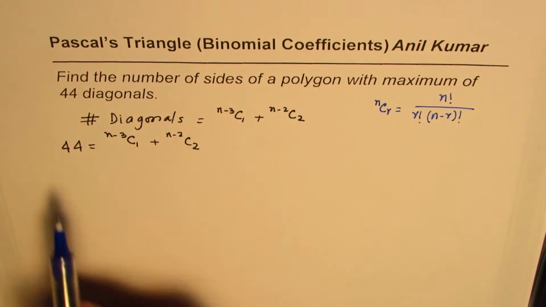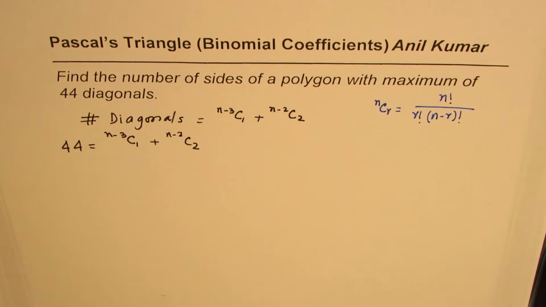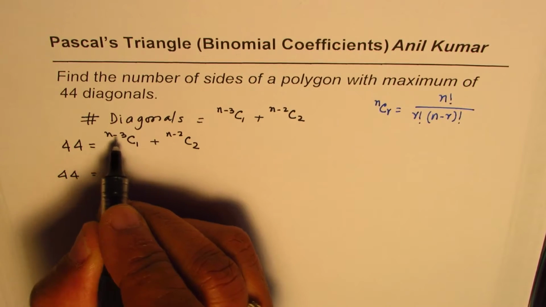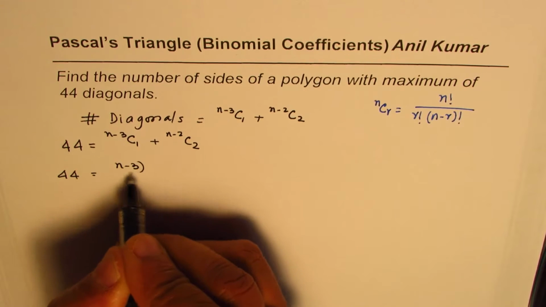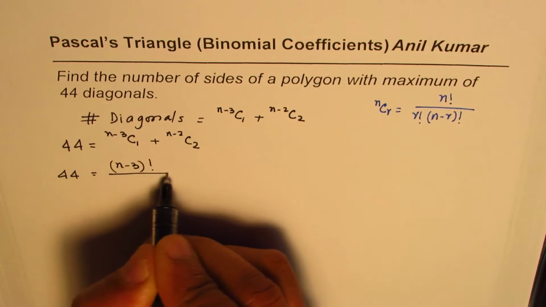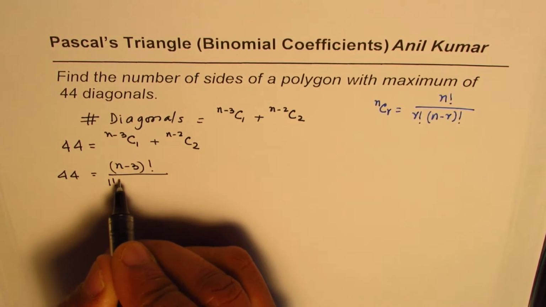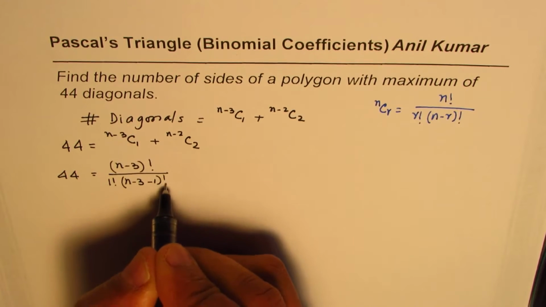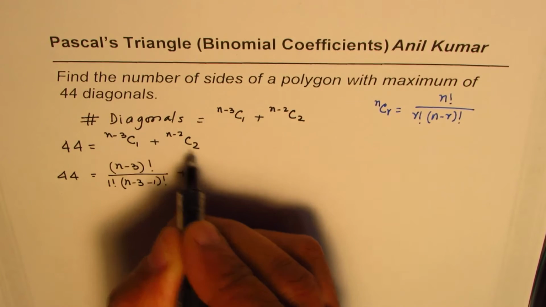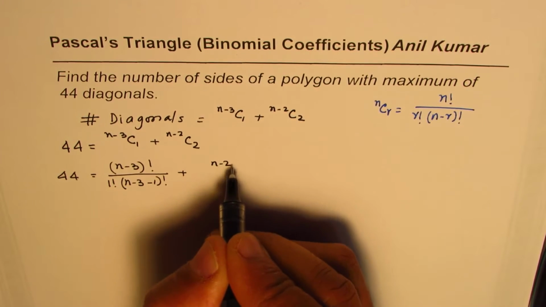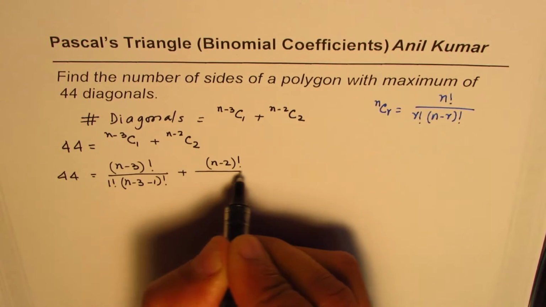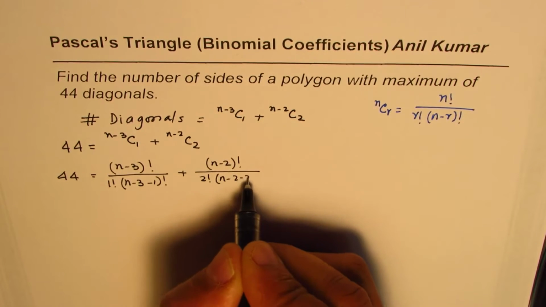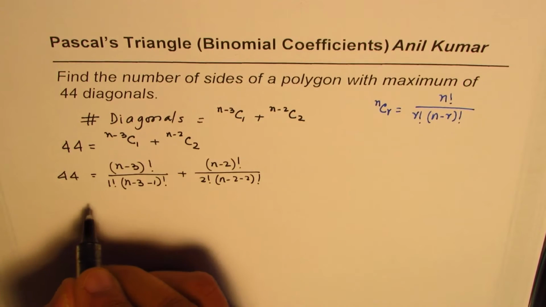So we'll use this formula and then find the value of n. So we have 44 equals (n-3) factorial divided by 1 factorial times (n-3-1) factorial, plus (n-2) factorial divided by 2 factorial times (n-2-2) factorial, correct?